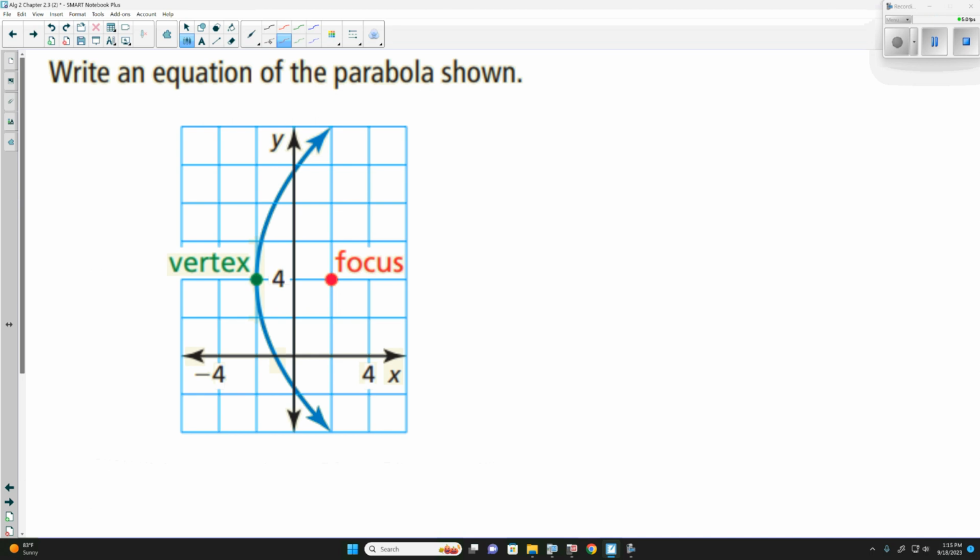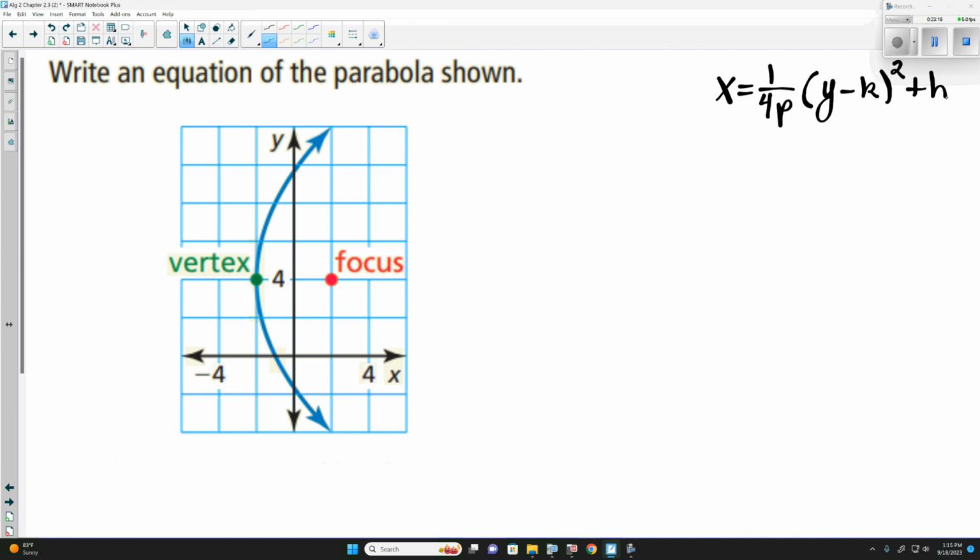Now, let's look at this next one here. Which direction is it opening? It's opening to the left and right, which means our equation that we're using for this is x equals 1 over 4p times y minus k squared plus h.